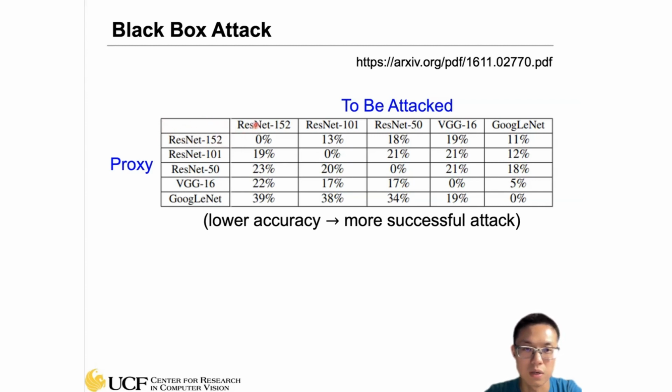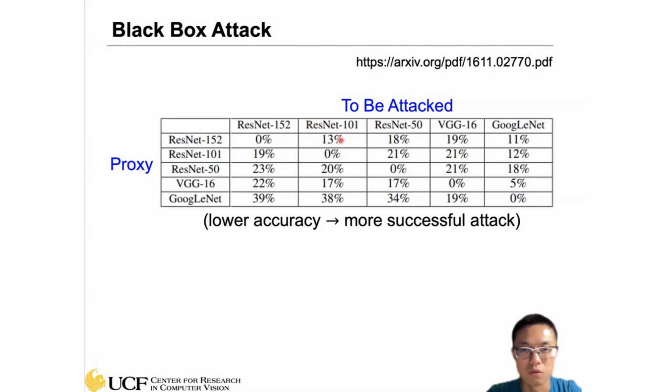So basically, this is a white box attack. You can see that under this setting, the accuracy is 0%, which means this is a very successful attack, a 100% successful attack. The model fails dramatically, becoming 0% in prediction accuracy.